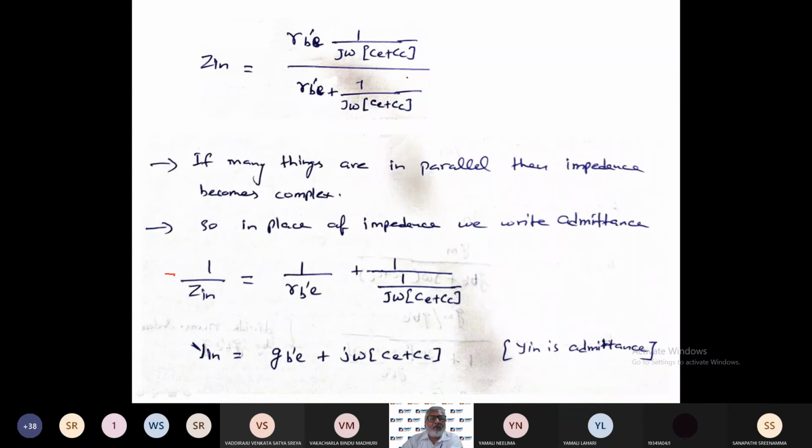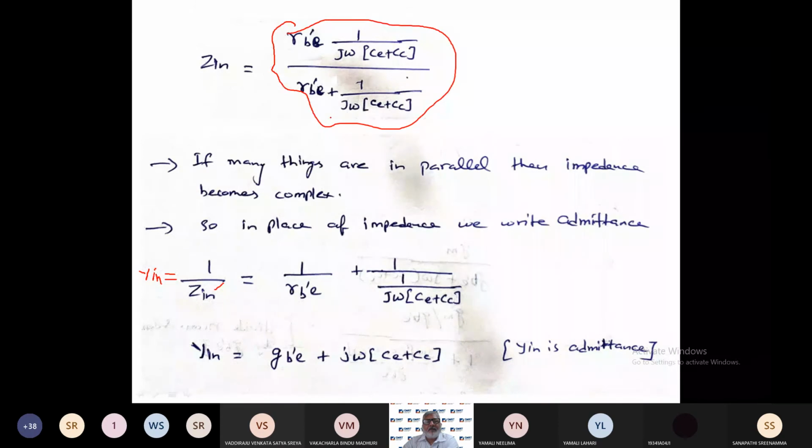So this is your Y in, admittance, equal to 1 by Z in, and this is equal to this part, right?